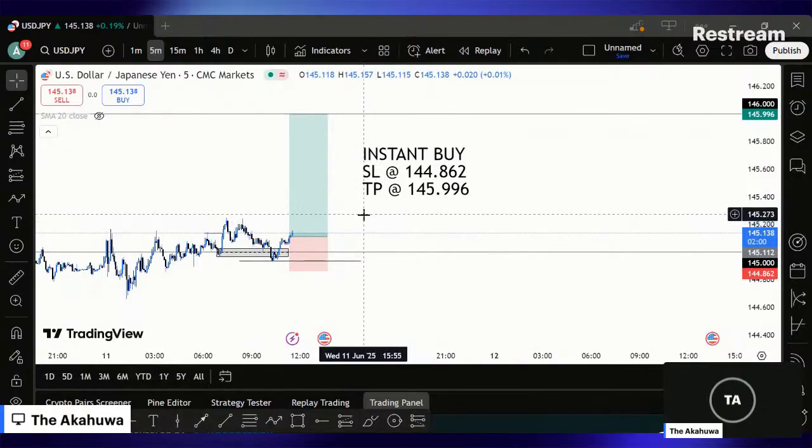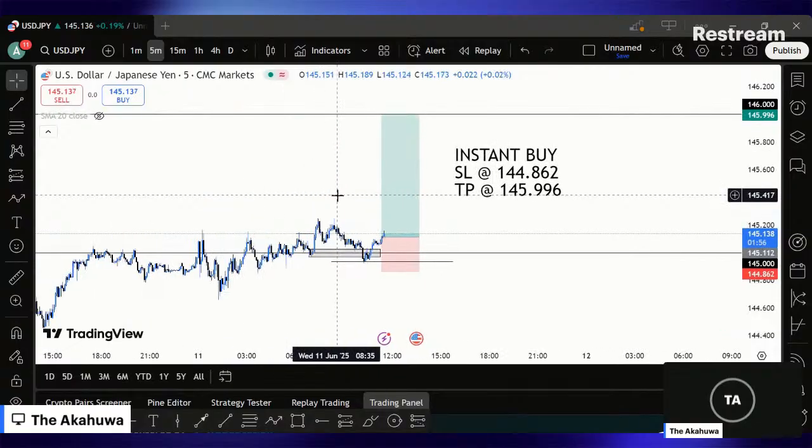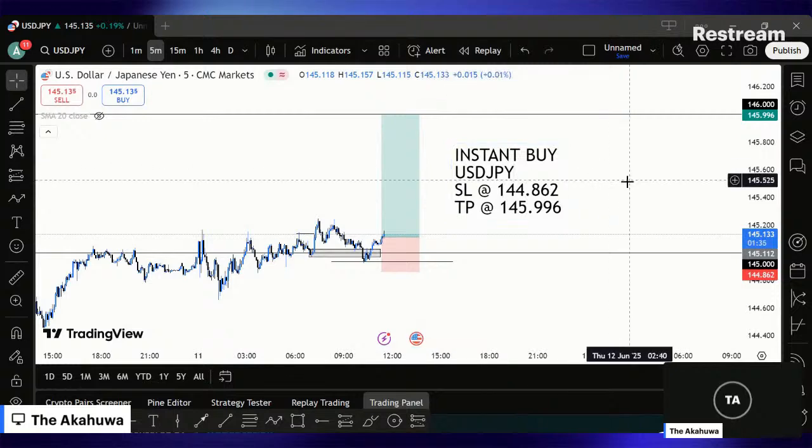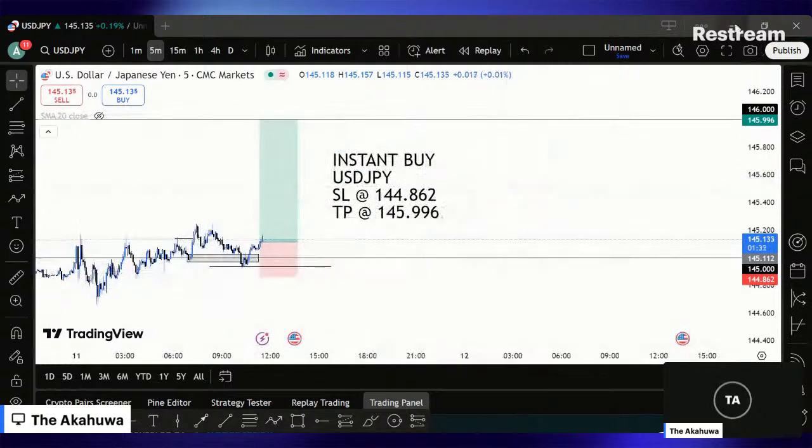I'm very hopeful that this guy is going to deliver for us today. Instant buy on USD JPY. The coordinates for TP and SL are here.